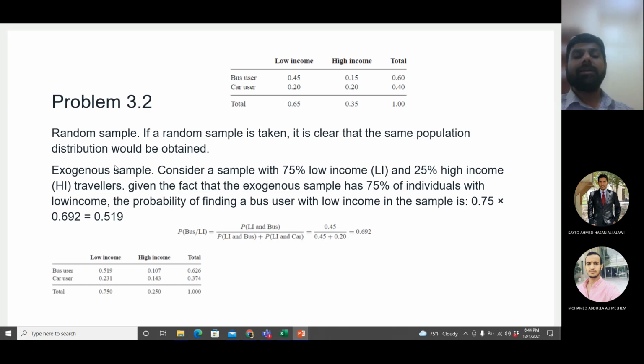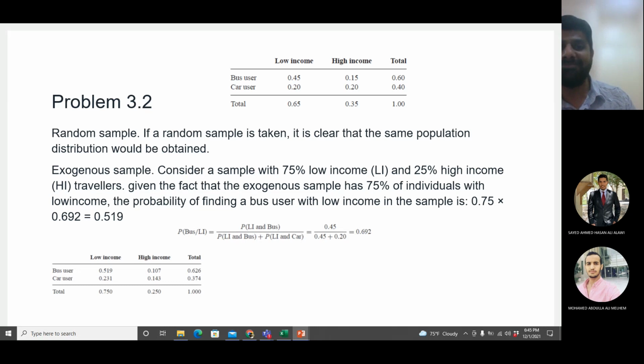Second option is to take an exogenous sample. Exogenous means now you are doing some selection. Before you go into the field collecting the data, you have done your selection. Your selection is that you will collect 75% of the data from the low income group and 25% from the high income group. Why are you doing that?